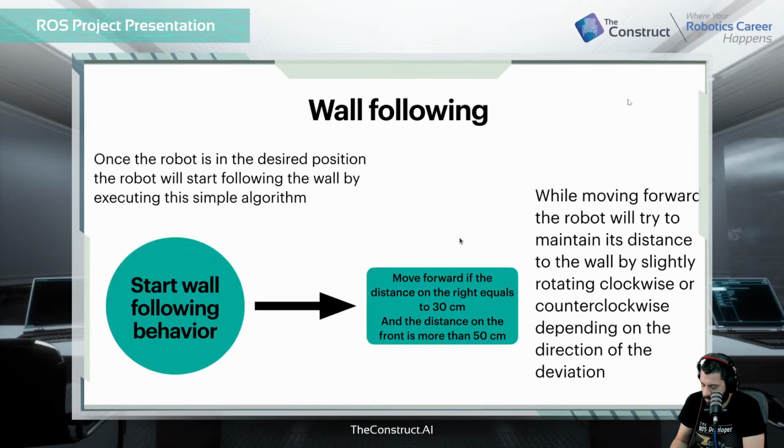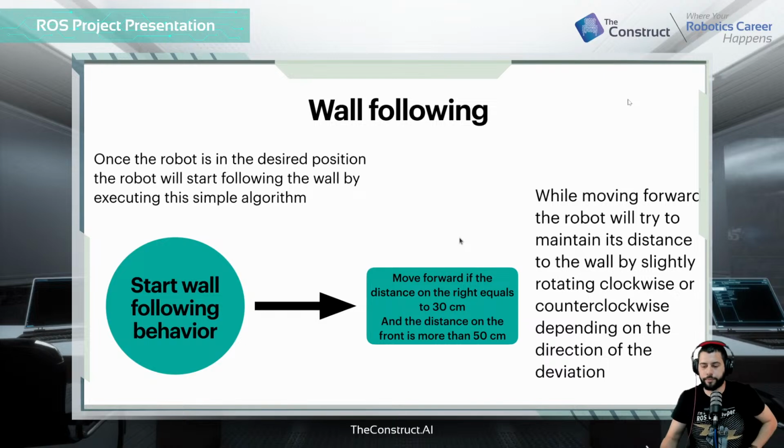Okay. Then the wall following. The wall following is pretty simple. We move the robot forward after the wall finder service is done. We're going to know that we are in the right position. So the start wall following behavior is going to start executing, and basically we'll keep moving forward as long as the distance to the right is approximately 30 centimeters.